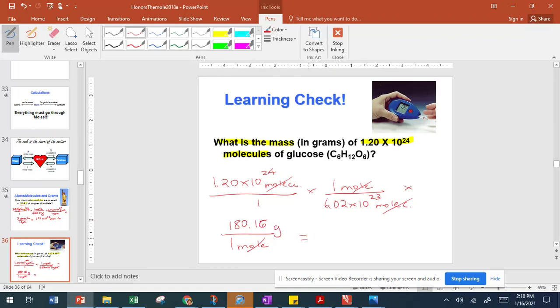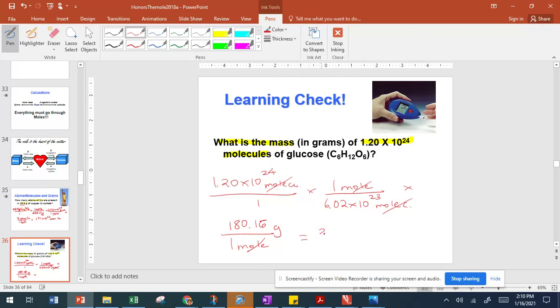And then we put all this into our calculator, multiply that by 1.2 times 10 to the 24th, and divide that by 6.02 times 10 to the 23rd in parentheses.